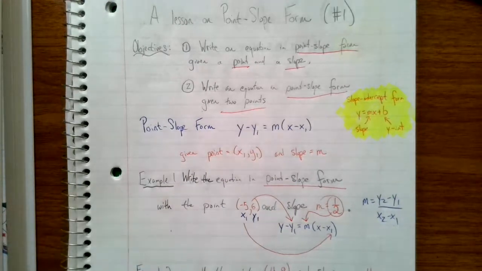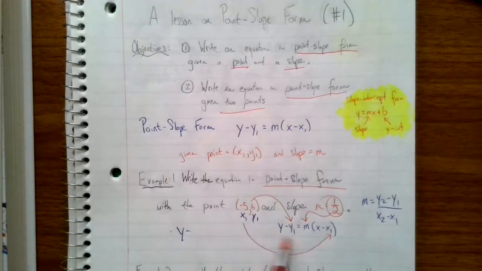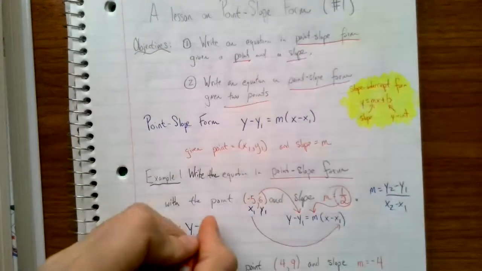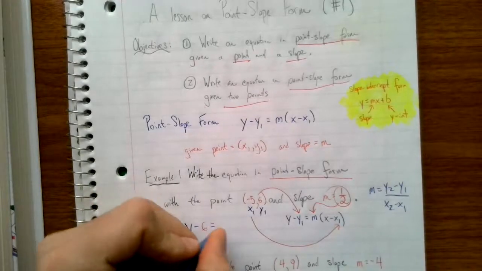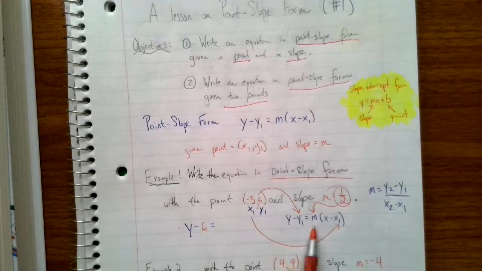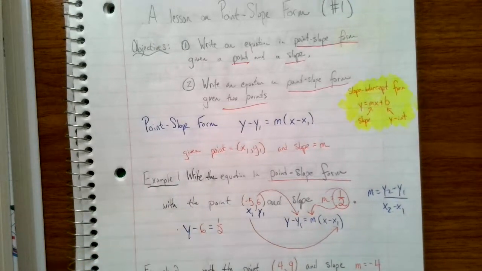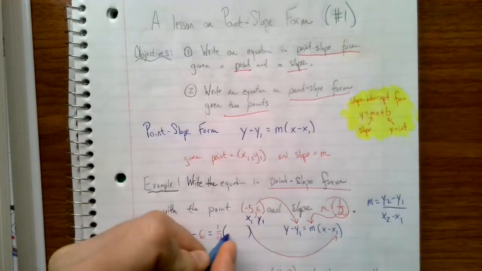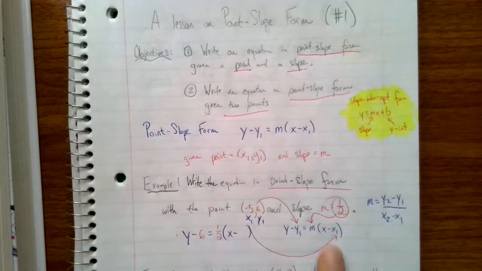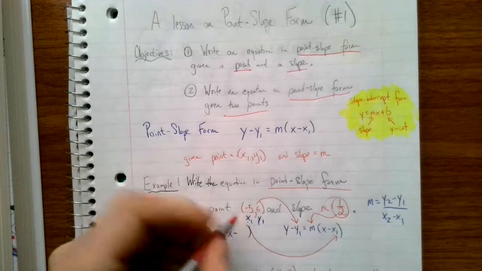So we have y minus, and our y1 is 6, equals our m, or slope, which in this case is 1/2. In parentheses, we have x minus, right? The minus is part of the formula there. And we are substituting in our x1 here, which is negative 5.